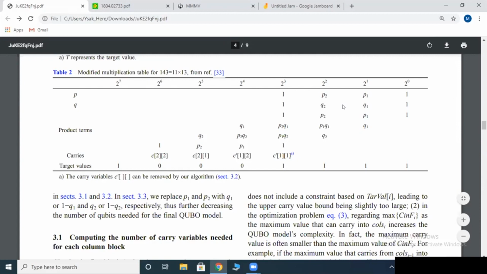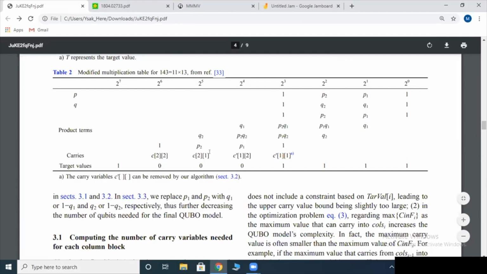So that is what we are trying to achieve. When we convert it into the multiplication table and look at the number of variables, we have these 4 variables that we need to understand, and these carry variables. Now when we look at the carry variables, we can treat the product terms individually and the carry terms individually. That is our second target.